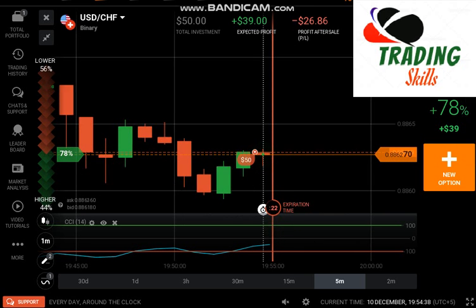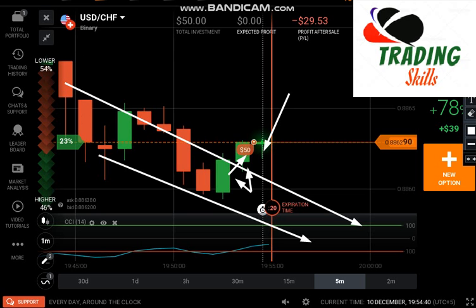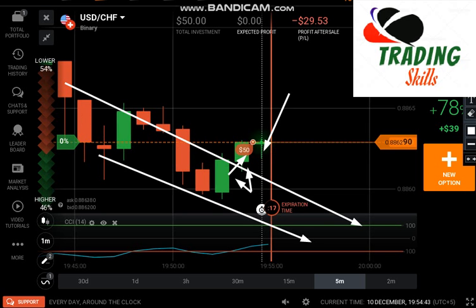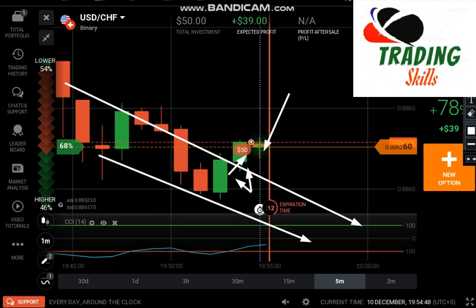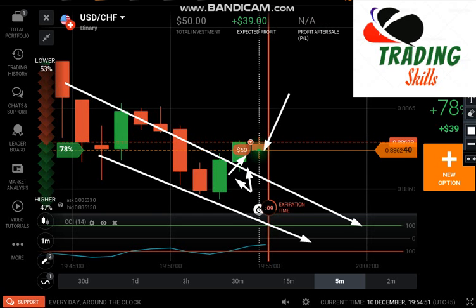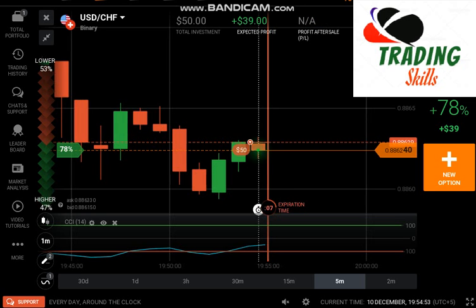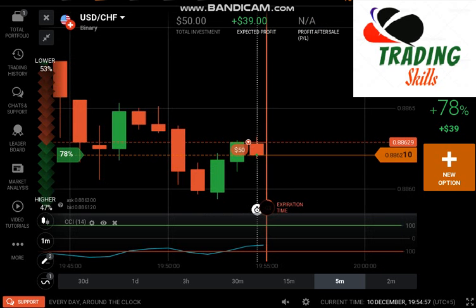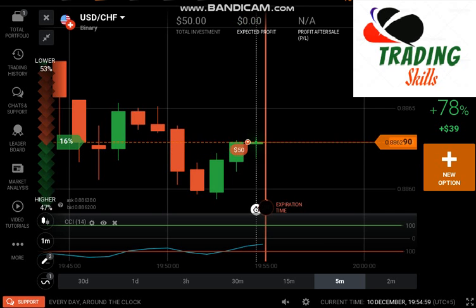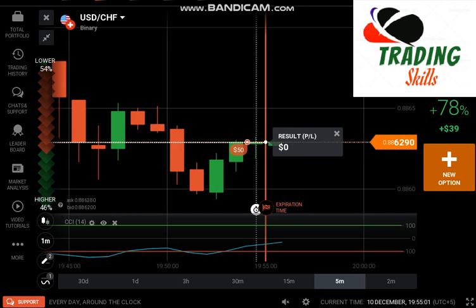So this candle will close as a bearish, and after this candle we can go with the sellers. So you can see the market is coming down, and we can take trades in a down direction. So let's see what happens. Okay, so I won my trade.